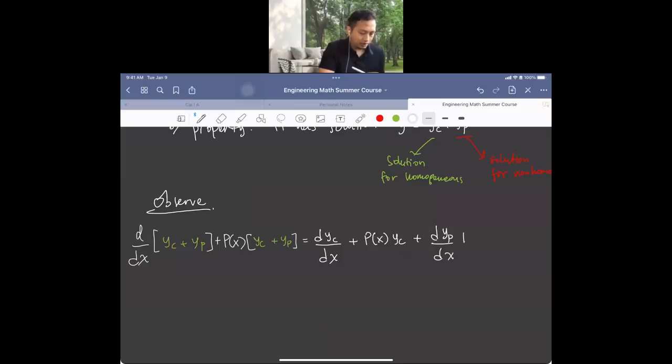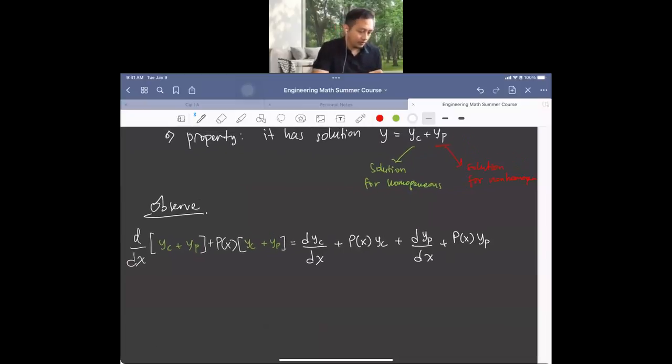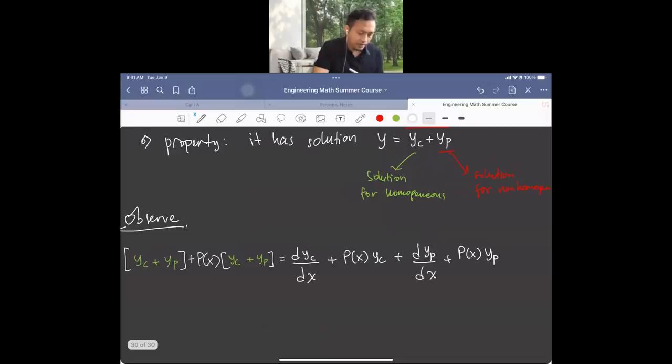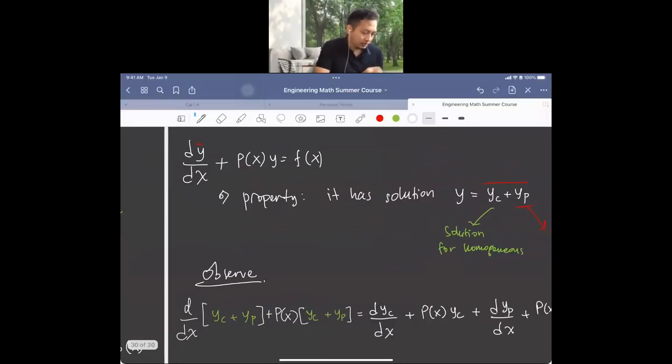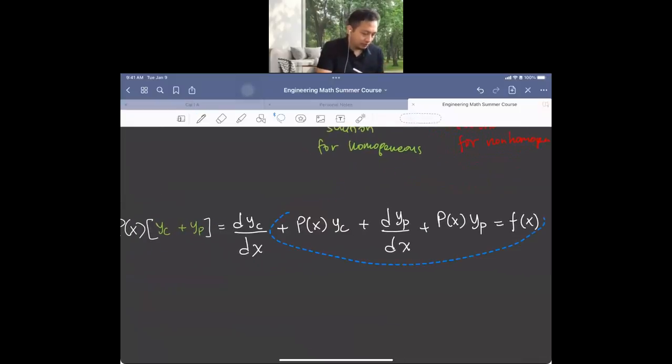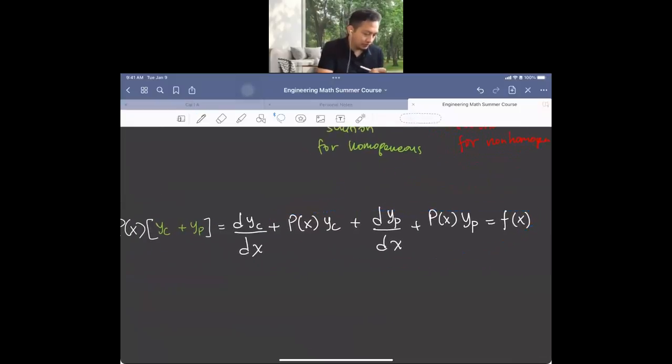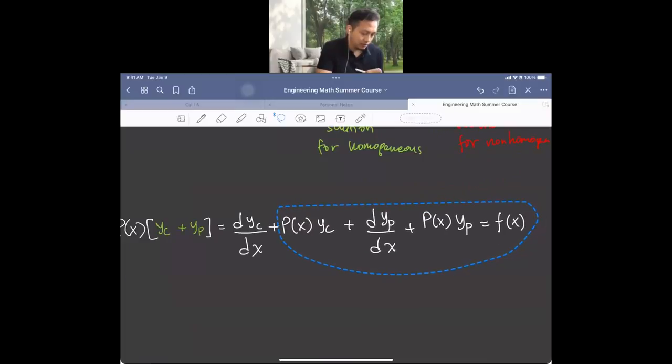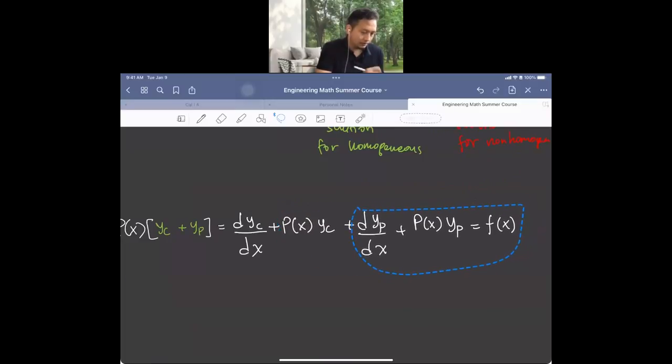And then plus p x yp. And this whole thing is equal to f of x, as we have in our original one. Now let's concentrate on this.